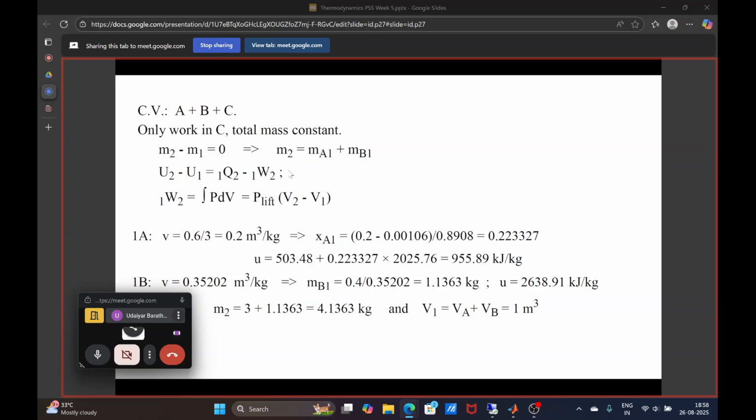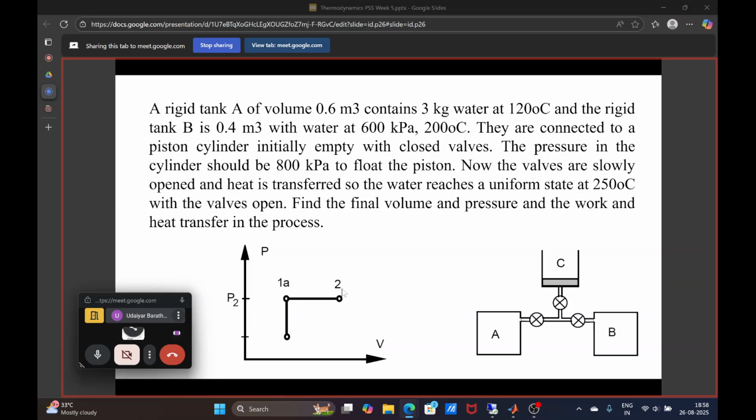So we need to find first the work done. Since this is happening in two processes, first when the volume is constant till it reaches the pressure of 800 kilopascal, there is no work being done. And once it has reached 800 kilopascal and the piston starts moving, there is work generated in pushing the atmosphere.